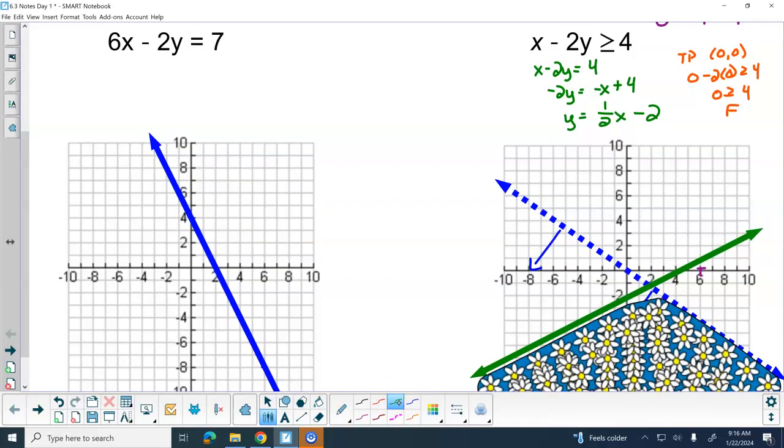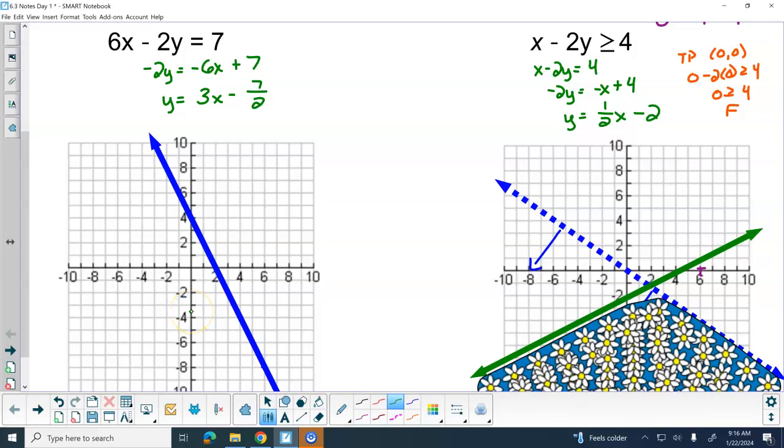Lincoln, what was wrong with this one? Three and a half, but it should be 7.5, which is 3.5, right? So then I'm going down 3.5.